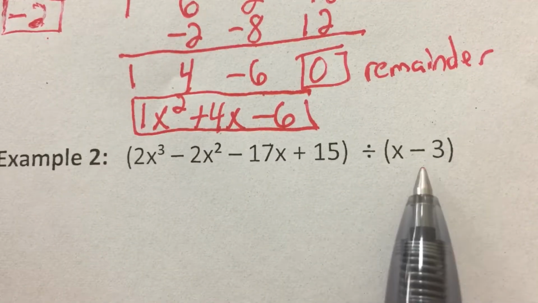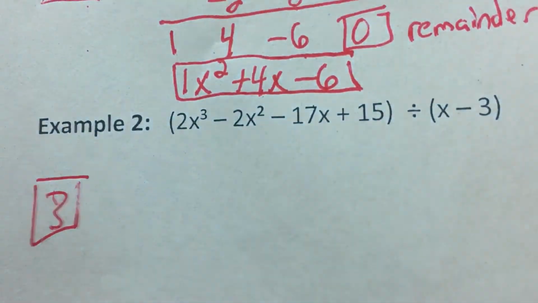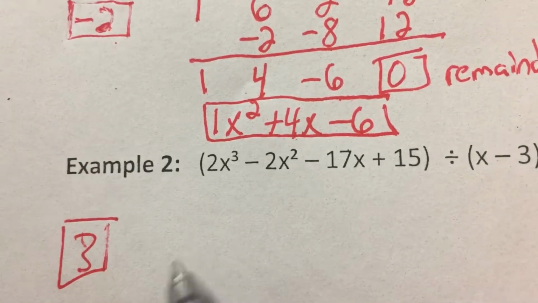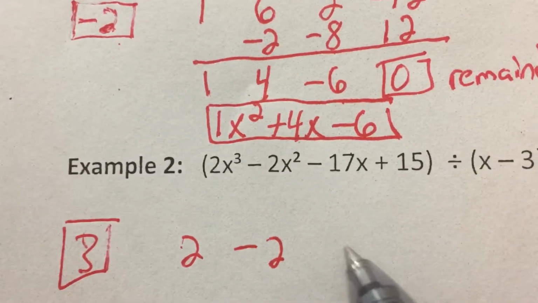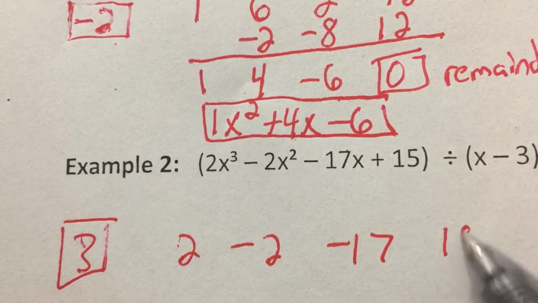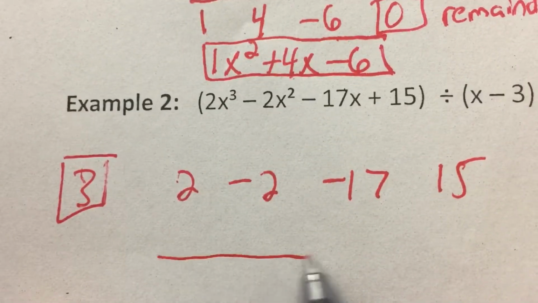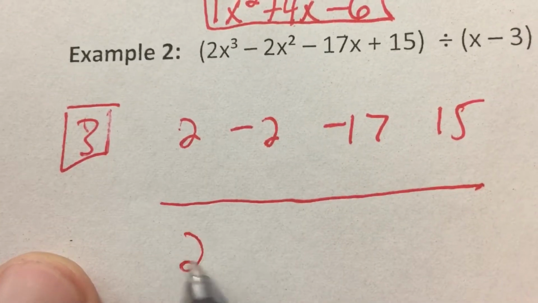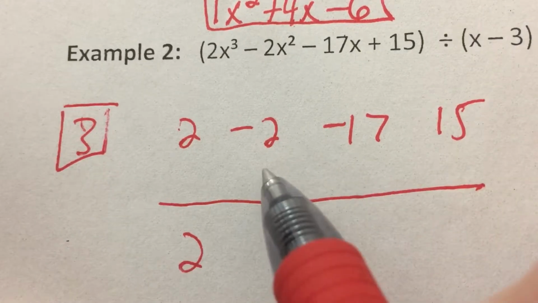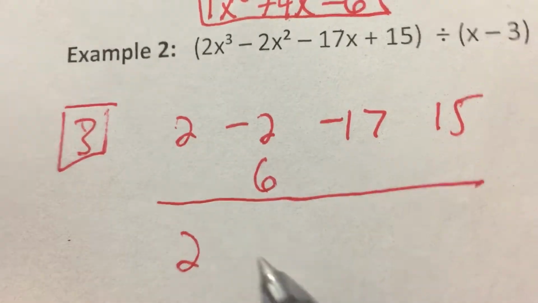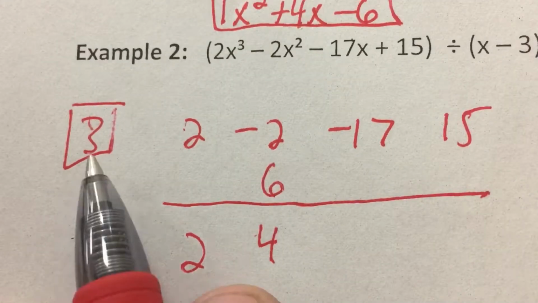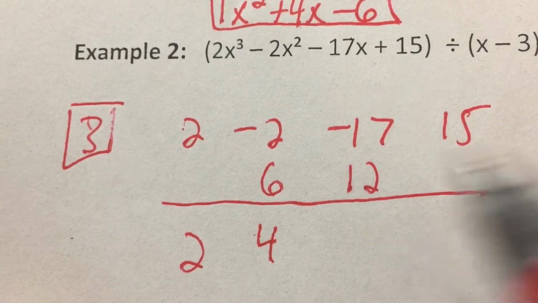Example 2, the opposite of this number would be a positive 3. We'll place that in a box. All my coefficients, 2, negative 2, negative 17, and 15. Draw myself a line, drop my first 2. 3 times 2 is 6. Combine these two, I get 4. 3 times 4 is 12.